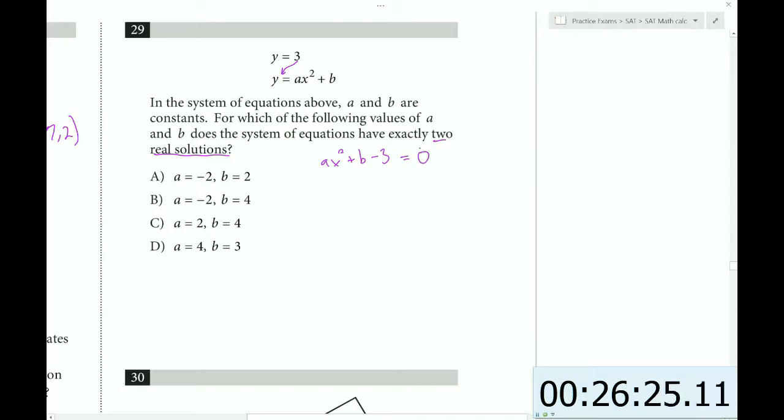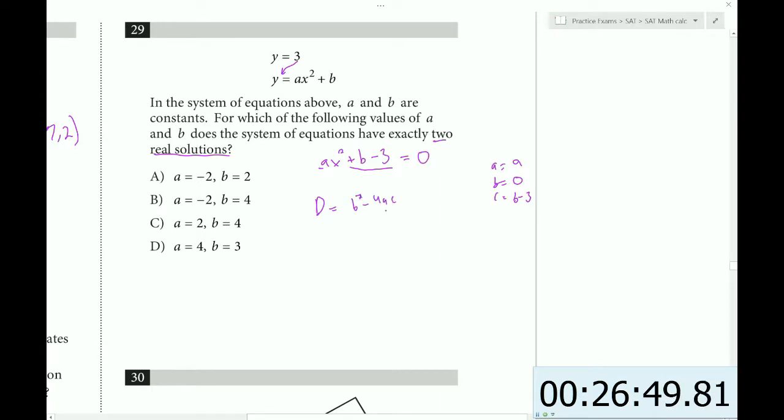And let's see what we'd have for our discriminant. So we'd have a, b, and c. So a would equal a, right? b would equal 0, because b is not here, that would be the x term. And then c would be b minus 3. The discriminant is b squared minus 4ac.